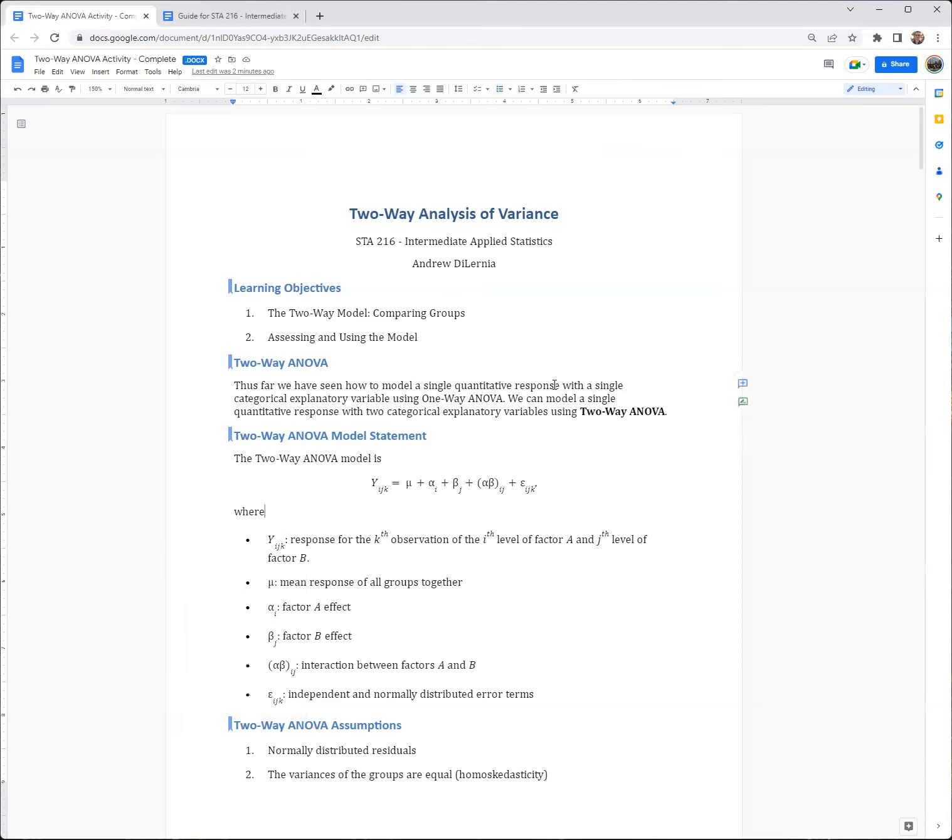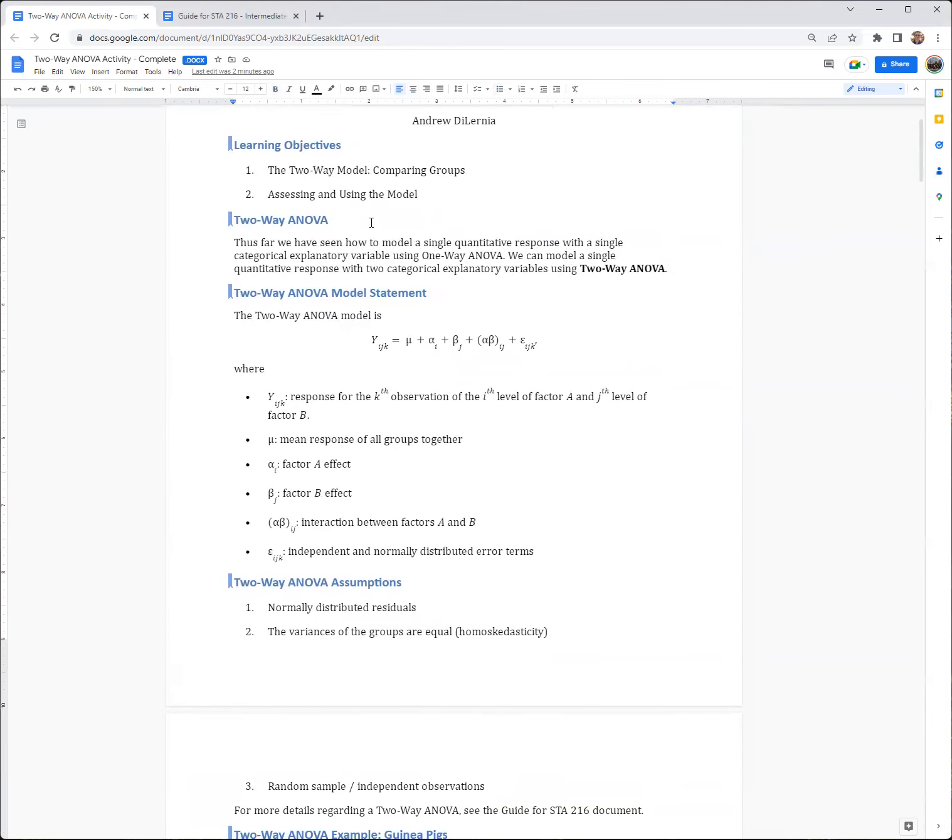So formally, the two-way ANOVA model is given by this. Y_ijk is equal to mu plus alpha_i, where mu is the overall grand mean.